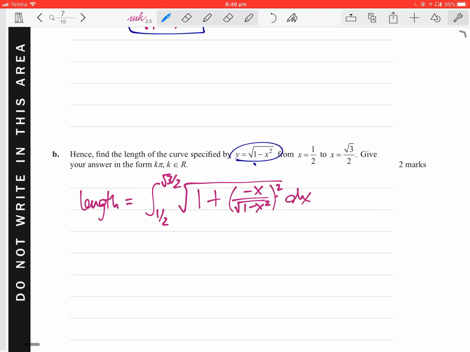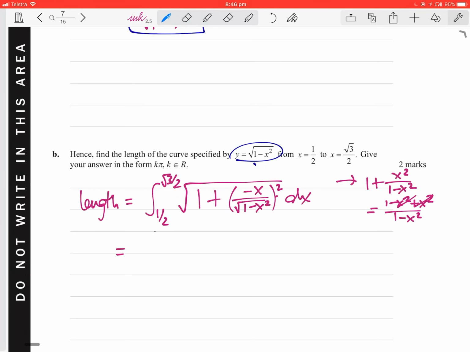Okay, let's see what that cleans up to be. So I've got 1 plus x squared on 1 minus x squared, which is equal to 1 minus x squared plus x squared on 1 minus x squared. So they cancel.